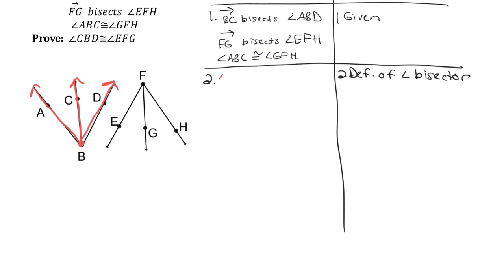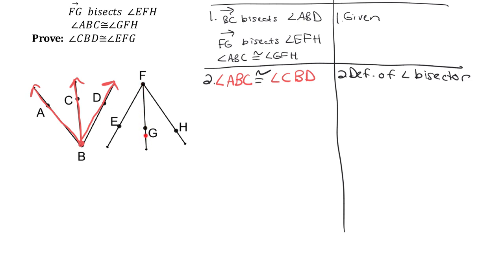So the angle on the left, we name angle ABC, and then the angle on the right, we're going to name angle CBD. Okay, so once again, remember naming it, the middle one has to be the middle letter. ABC is congruent to CBD. All right, so we just used this clue, the fact that ray BC bisects angle ABD, and now we're going to use this clue. So now we're looking at ray FG.